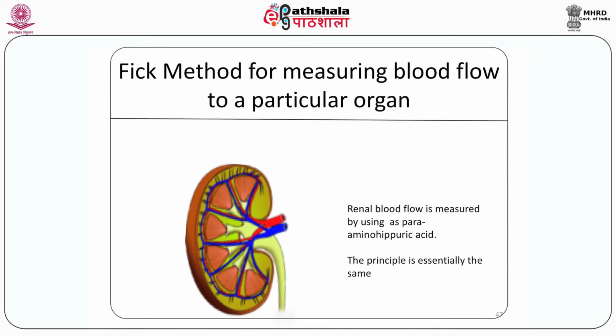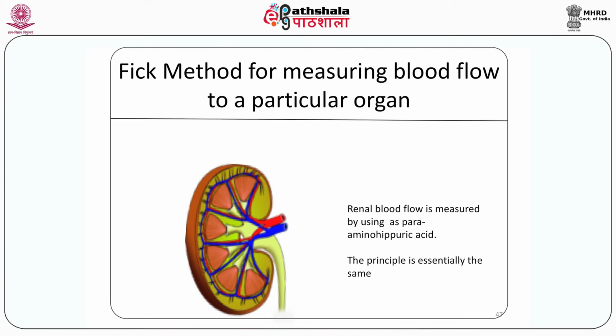The Fick method is also used to measure blood flow to the kidneys. As we know, the Fick method is essentially a conservation of mass principle. It means for any substance, the renal inputs and the renal outputs should be equal if the substance is not being used.